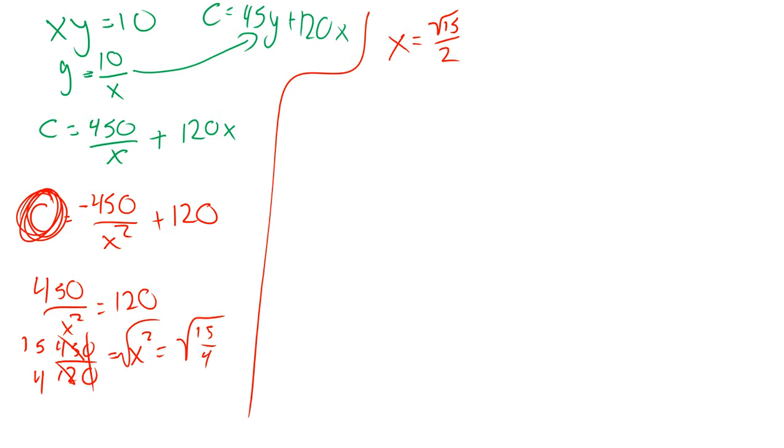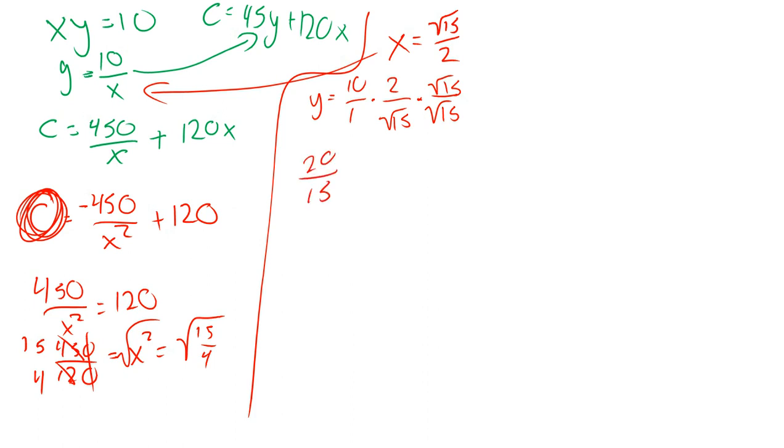And now we take that and plug this x into our y, which gets us y is equal to 10 over 1 times 2 over the square root of 15. I'm just simplifying here. Rationalize the denominator because, you know, we can. That gets us 20 over 15 times square root 15, which can be reduced even further to 4 square root 15 all over 3.